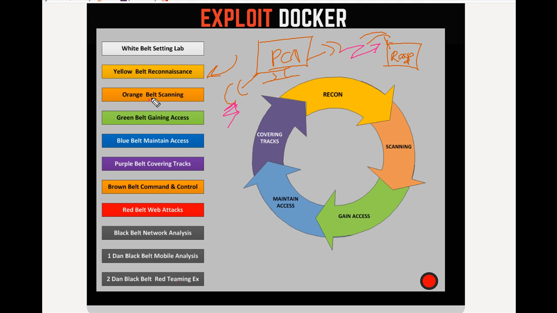So in orange belt, we are going to be scanning this Raspberry Pi. We'll do reconnaissance and scanning. We are going to gain access, i.e., we are going to attack the Raspberry Pi and be able to SSH into it, and then maintain our presence in there.